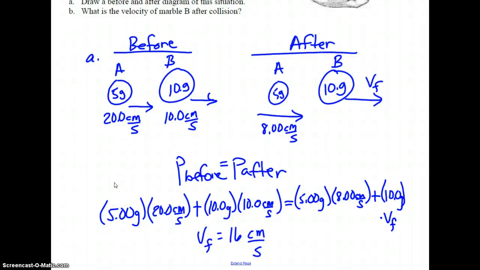Notice in this problem that I've not converted grams to kilograms, and I've not converted centimeters per second to meters per second. That's one of the nice things about conservation of momentum: as long as your units are consistent throughout the problem, you don't need to do that. If you think about it, you would have to take each of these gram numbers and divide by 1,000.